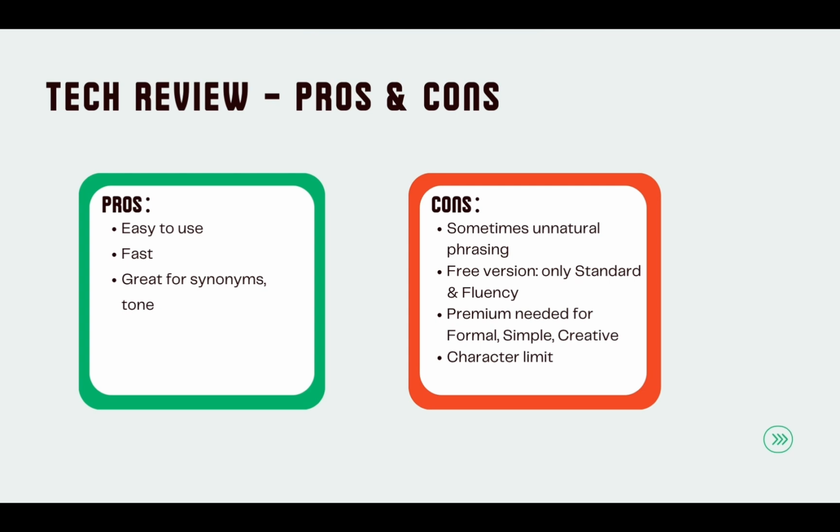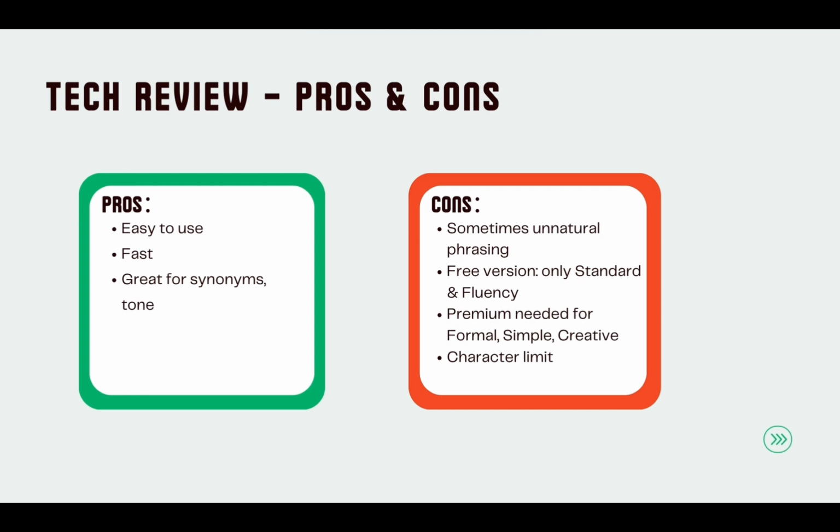If you want to use other modes like formal, simple, or creative, you need the premium version. There's also a character limit for how much you can paraphrase at once, which can be a little bit frustrating for long texts.